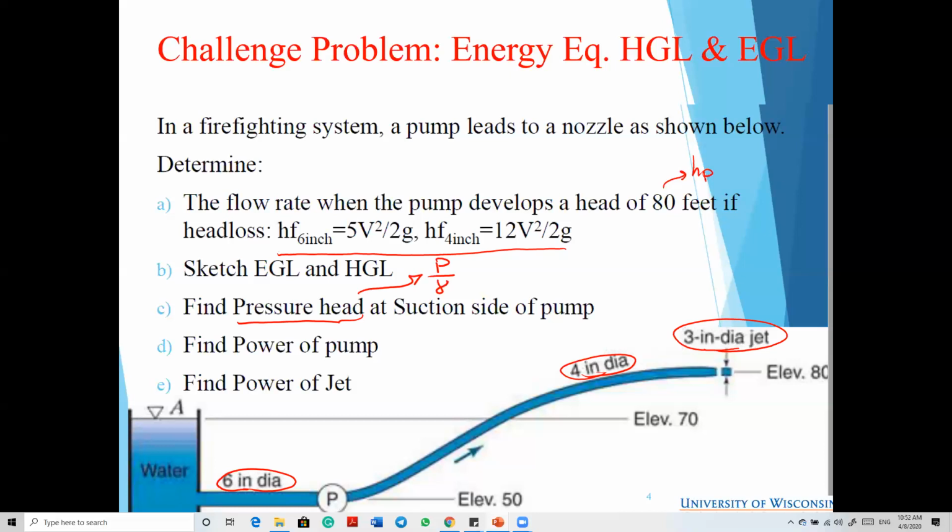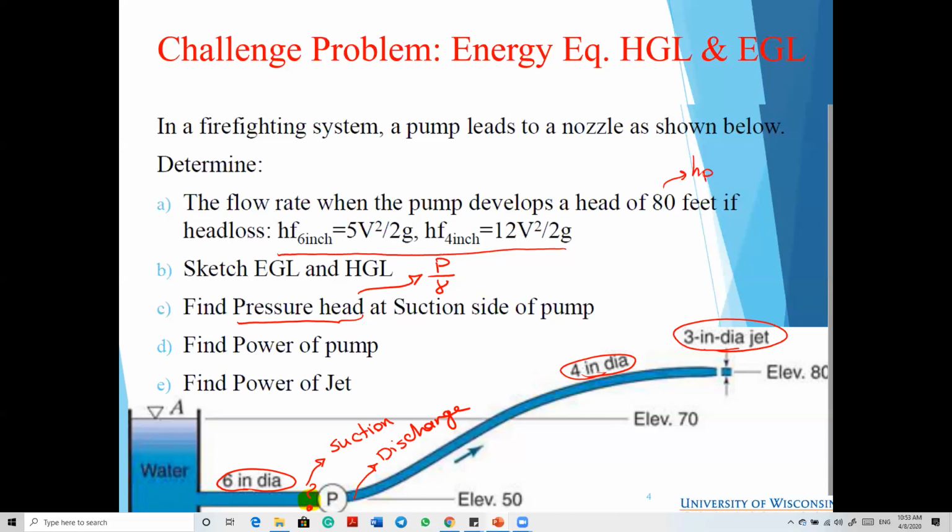What is the suction side of the pump? In each pump, we have two sides. One side is this part that we call the suction side of the pump. And the other side after the pump is the discharge side. Okay, so we want to know what the pressure is before the pump.